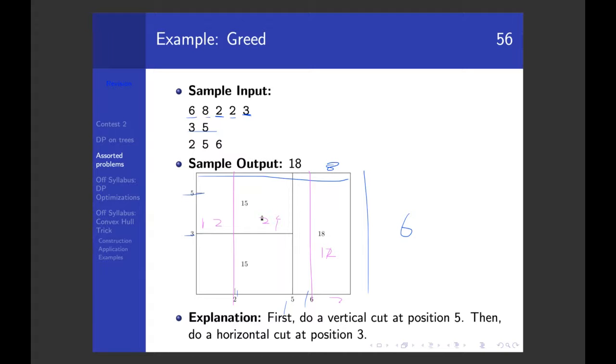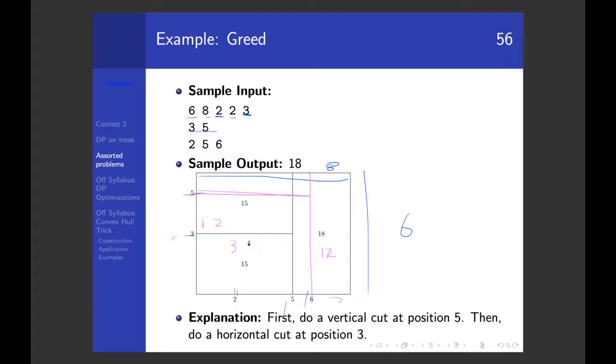The maximum slice would have area 24. Alternatively, if we did the first cut here, second cut here, maximum slice would have area 30.